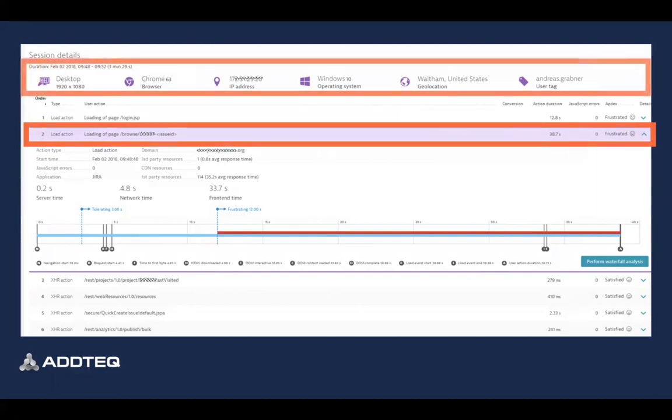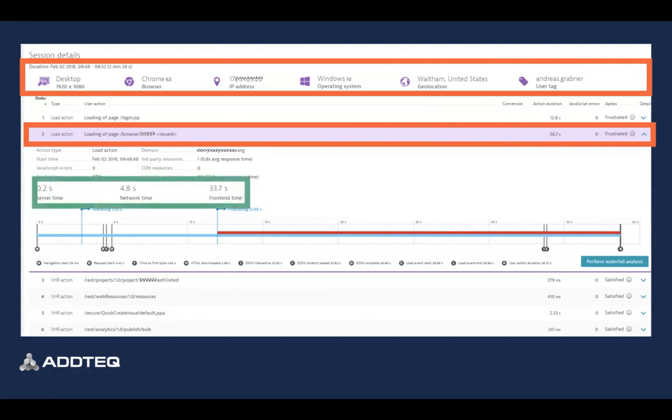The other thing we can gain is what the user's browser environment was like. Were they accessing Jira from a desktop device or a mobile device? And then what their IP address was, what the geolocation information was, and so on. So this is another useful set of information that can help you debug what the user may have experienced.